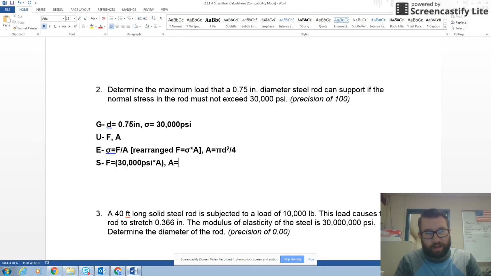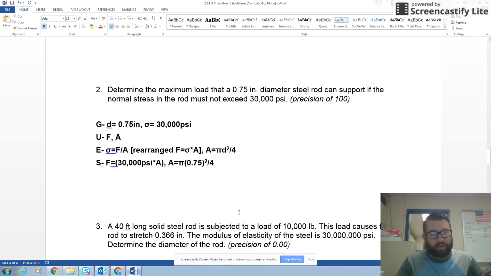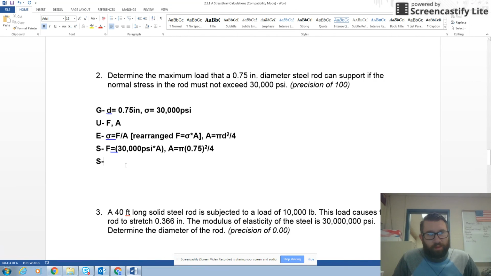And then area equals pi, and my d here is 0.75, and I need to square that, and then divide by 4. So I have to figure out area first, and then I can solve for force. Again, we'll let you key that into your calculator and solve. And don't forget your units as you are solving the problem.